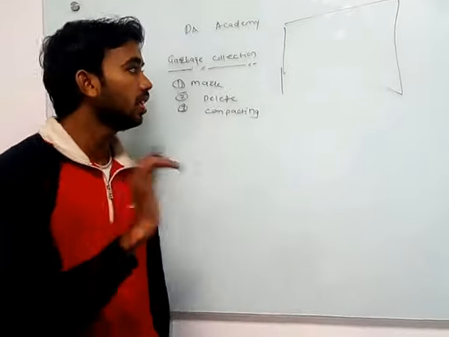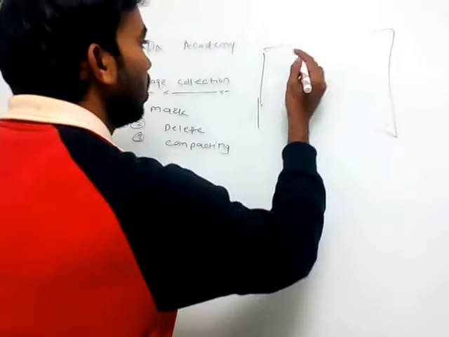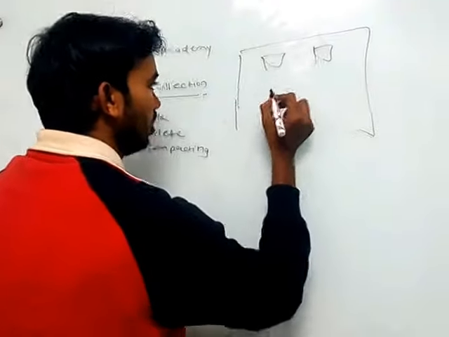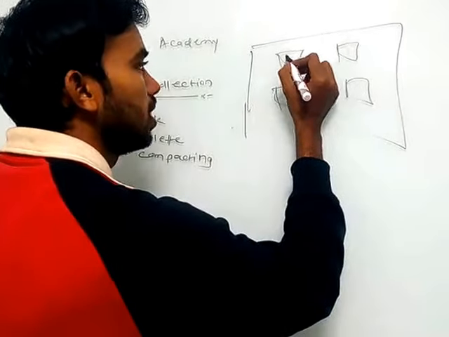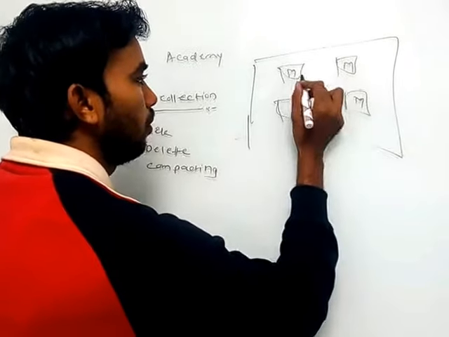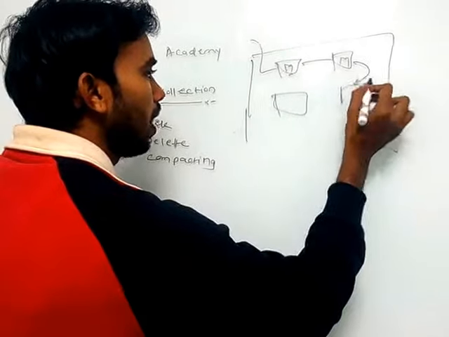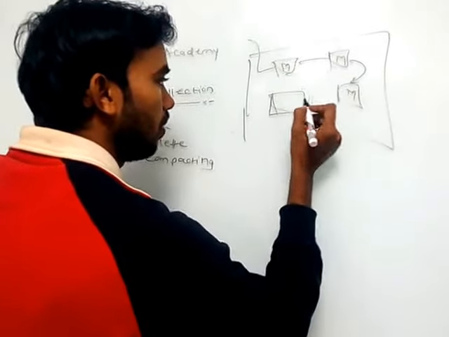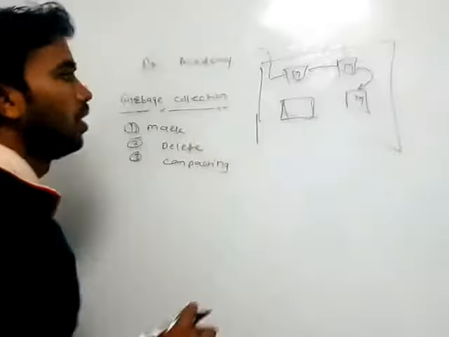Suppose you have 4 objects: this object is referenced by someone else, this one too, so the garbage collector marks them as live. This object is not referenced by any other, so it is marked as dead, meaning unmarked.